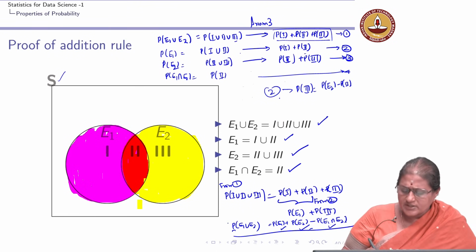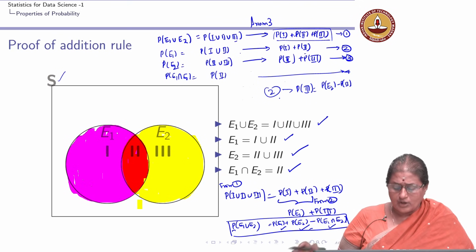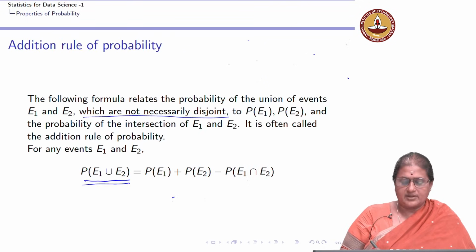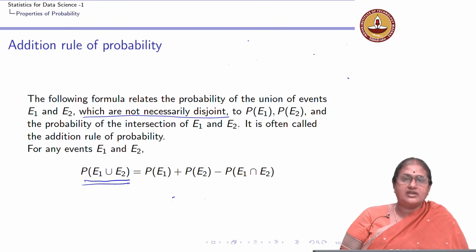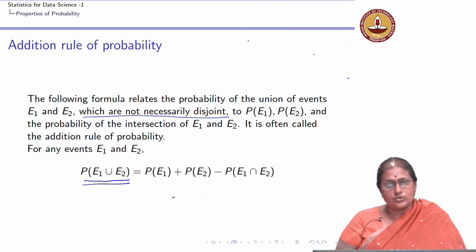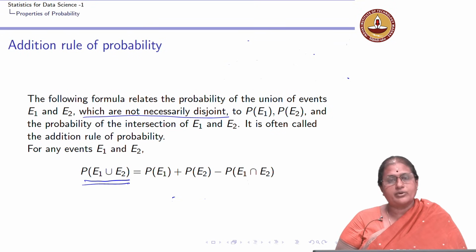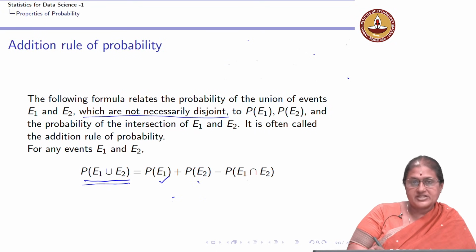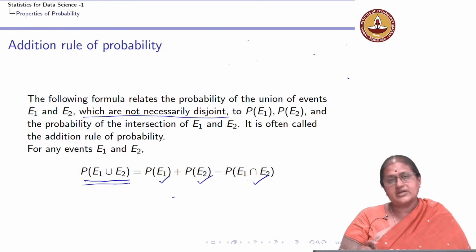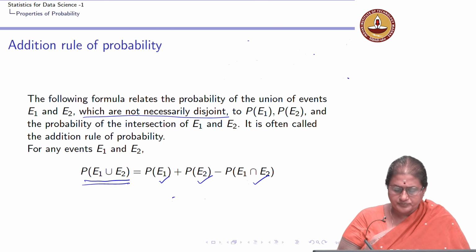This is what is referred to as the addition rule of probability. That is, I repeat, if I have two events E1 and E2 not necessarily disjoint, then the probability of the union is probability of E1 plus probability of E2 minus probability of E1 intersection E2.